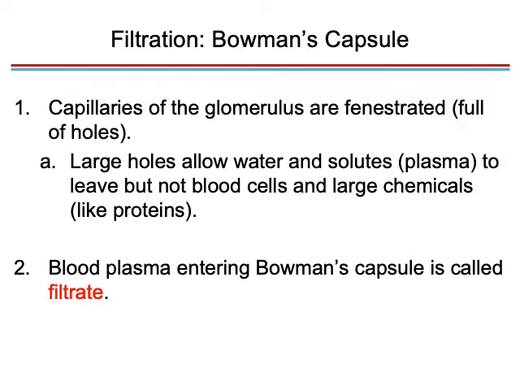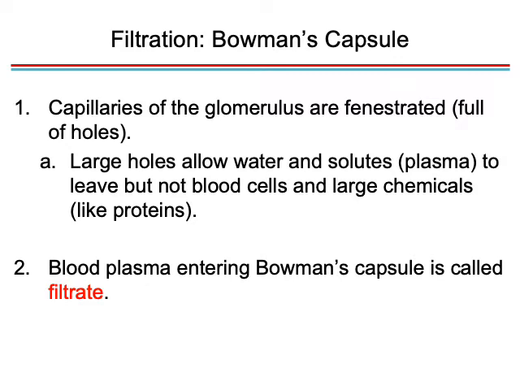Within the capillaries that make up the glomerulus, there are a bunch of holes. These are called fenestrations, and these holes allow water and small molecules to leave the blood and enter Bowman's capsule.